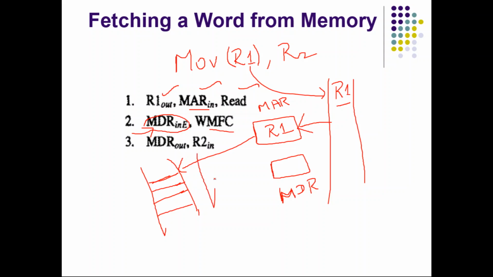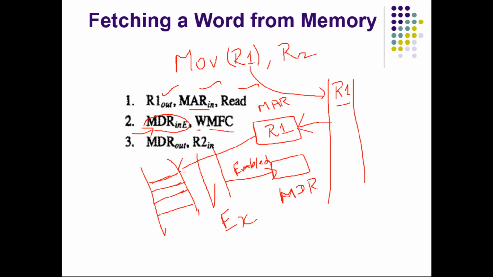Here the system bus, or the external bus, is there, and from here the data should be moved to MDR. So we keep MDR in E enabled. But even though it is enabled, as long as the data is not available, it cannot read anything, right?